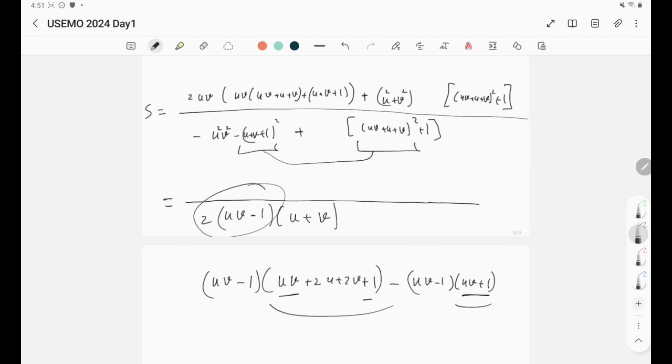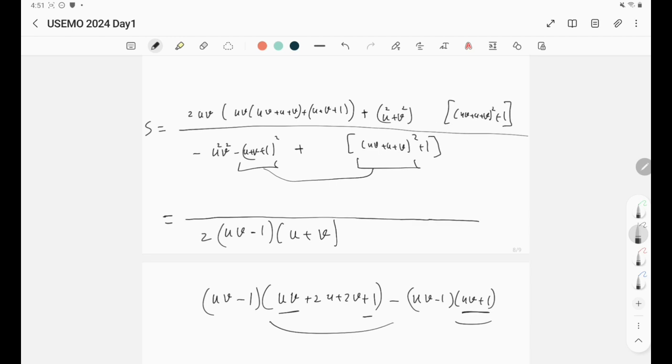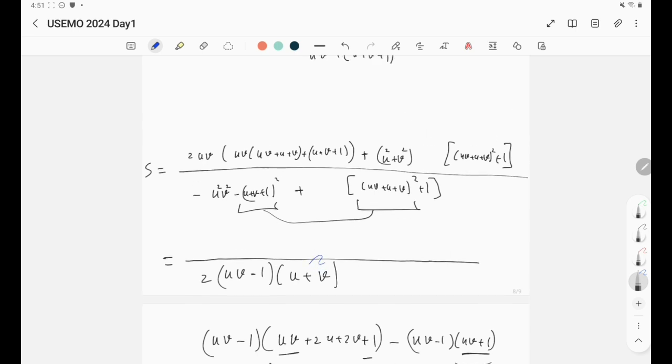As you can see, the denominator is just uv minus 1 times u plus v. Hopefully the numerator should not be that ugly. Hopefully we can also factorize it and get rid of u plus v and uv minus 1. In fact, there is one thing you can do: you can check whether the numerator can be factorized, or at least whether it can have u plus v as a factor and uv minus 1 as a factor.